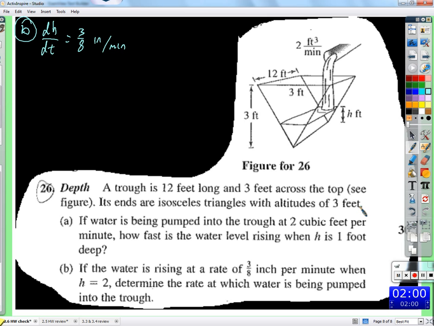We have 3/8 inches and we're talking about 2 feet, right? So we have to make some kind of conversion. Times 12, maybe? 3/8 of an inch is in inches, and I would turn it into feet.